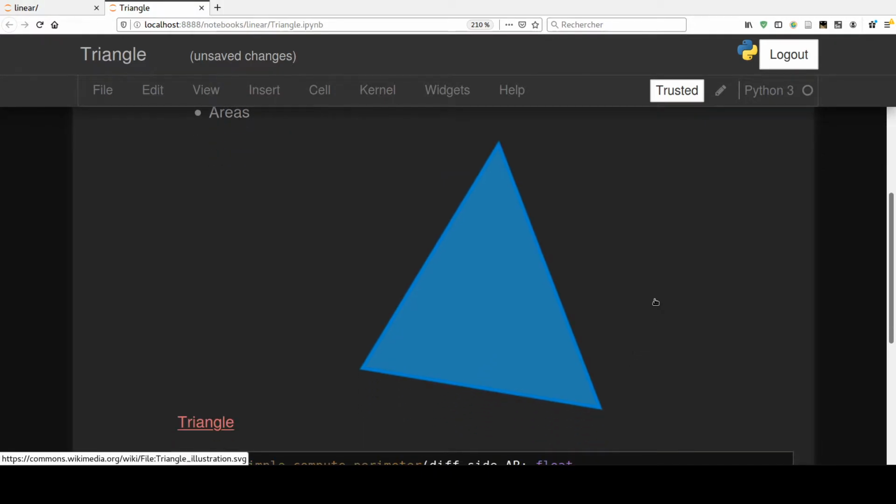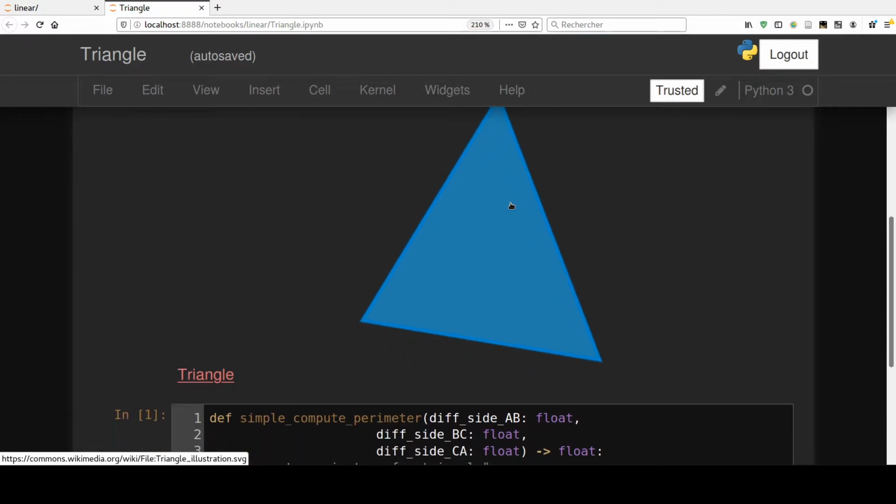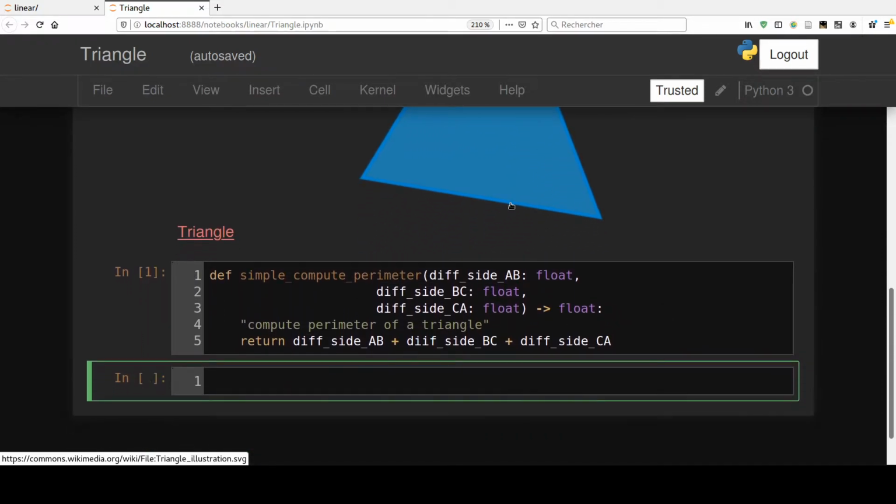If we know the angle that is at the point A, the difference between point A and point B, and the difference between point A and point C, and the angle between two sides at the corner of point A, we can also compute the perimeter of the triangle.